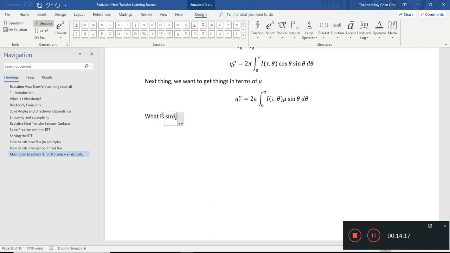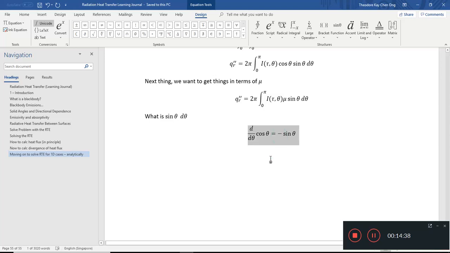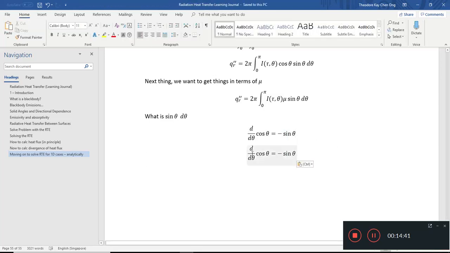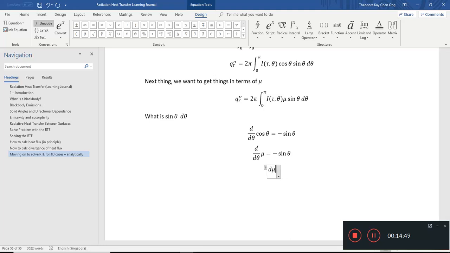If we do a differentiation, d by d theta of cosine theta, that is just minus sine theta. Cosine theta is actually just mu, it is the same thing. So we can write d by d theta of mu, d mu. And what we can see is d mu equals minus sine theta d theta.